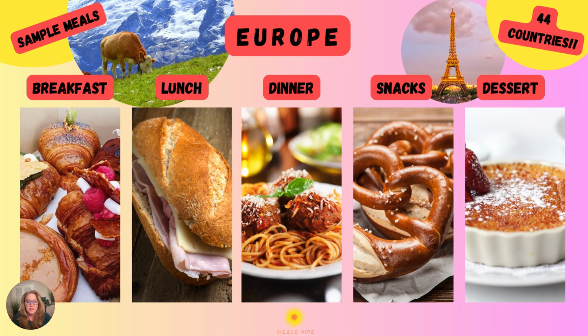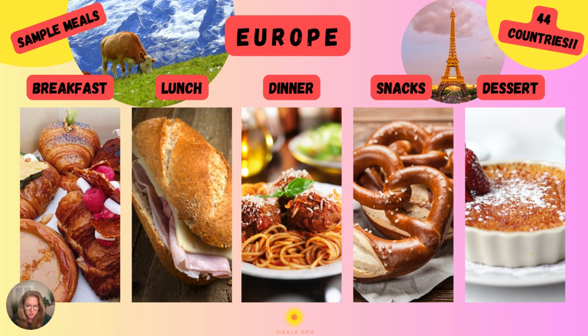These are some sample meals that you may see in Europe. Now, like I said, there's so many different countries in Europe. There's 44 different countries altogether. There's 32 main countries that you'll see in this previous map, but there's also all kinds of little tiny countries, and altogether there's 44 countries in Europe.